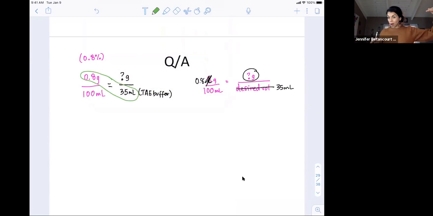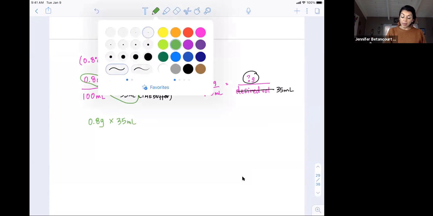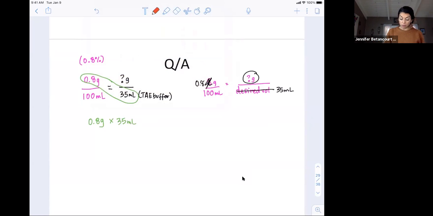That's crisscross, that's the multiplication part. So you have 0.8 grams times 35 milliliters. Then you divide by the remaining number you have. This is not a number, so you don't divide by a question mark. This is a number, so you divide by that number.